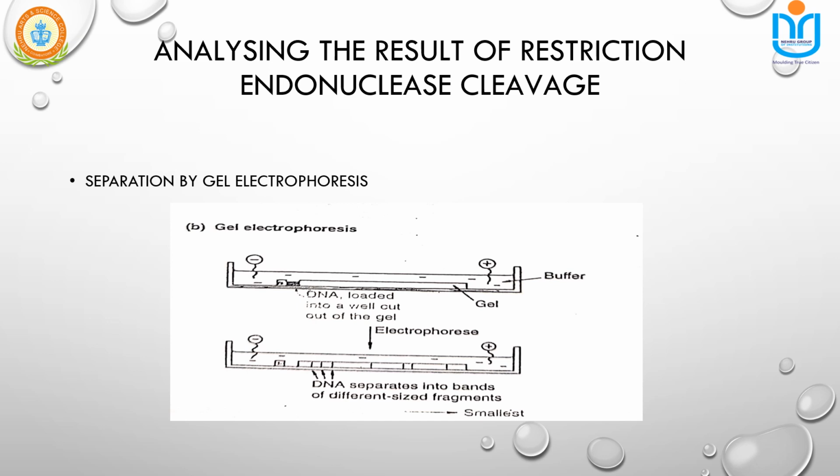Whether a DNA molecule is cut or not can be determined by testing the viscosity of the solution. Larger DNA molecules result in a more viscous solution than smaller ones. However, working out the number and sizes of individual cleavage products was possible after the development of gel electrophoresis. So, separation of molecules by gel electrophoresis.